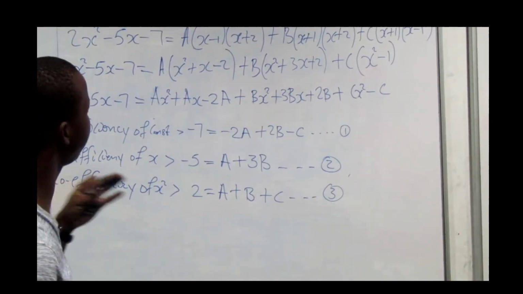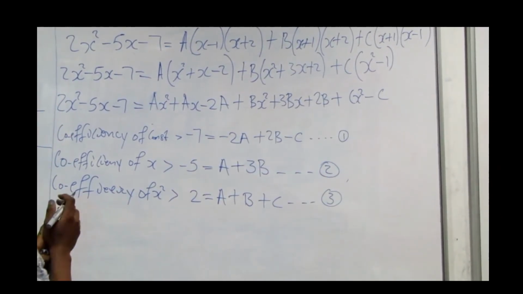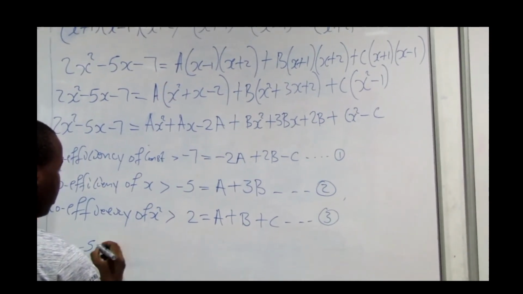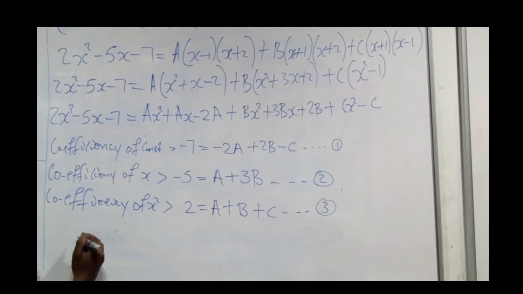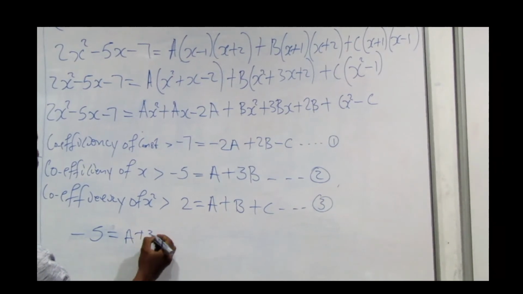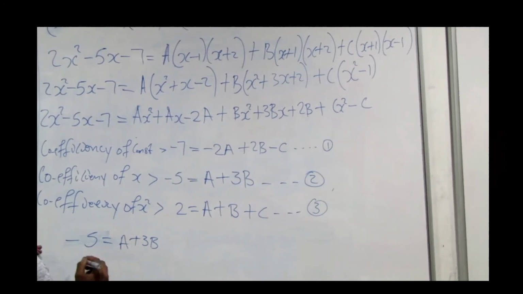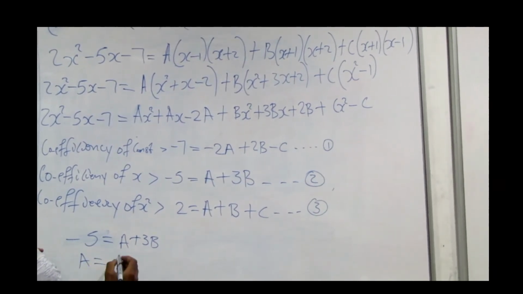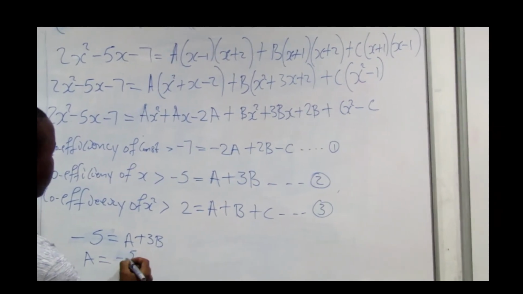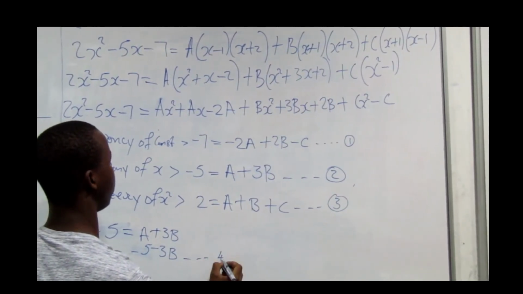How do we find them? We take the easiest equation that can make our life easier. Here we say -5 equals a plus 3b. Then from there we make a the subject of the formula: a equals -5 minus 3b. This is going to be our equation 4.